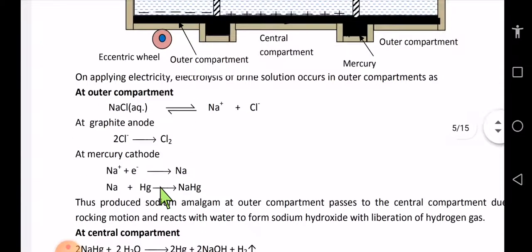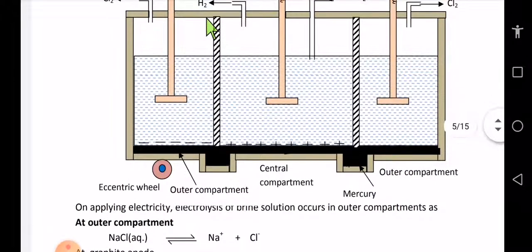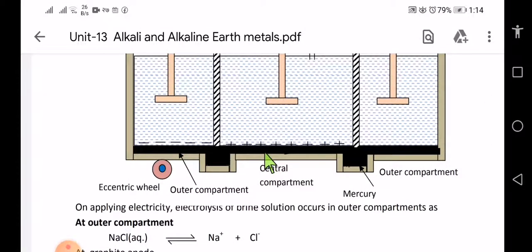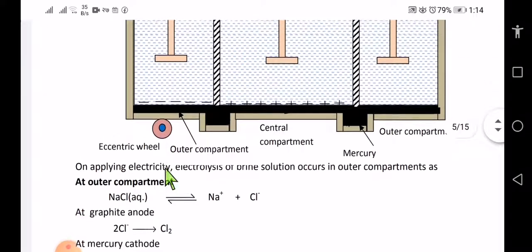This sodium amalgam moves from the outer compartments to the central compartment from either side, with the help of the rocking motion of the eccentric wheel.